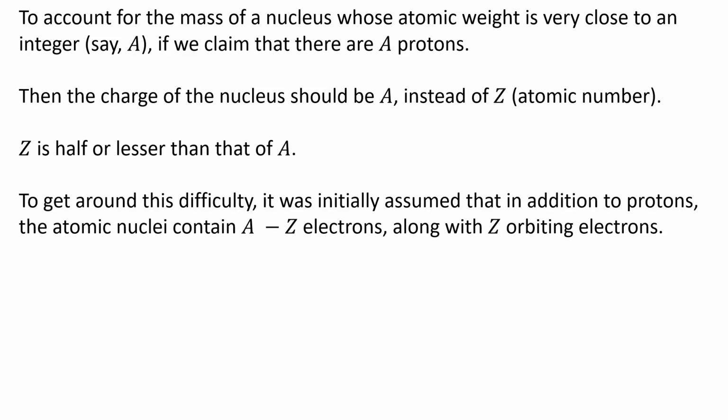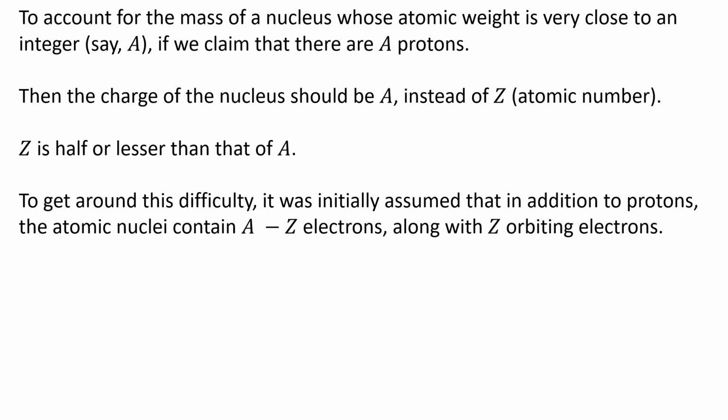So, how do we get around this difficulty? It was initially assumed that in addition to protons, the atomic nuclei contain A minus Z electrons, along with Z orbiting electrons.